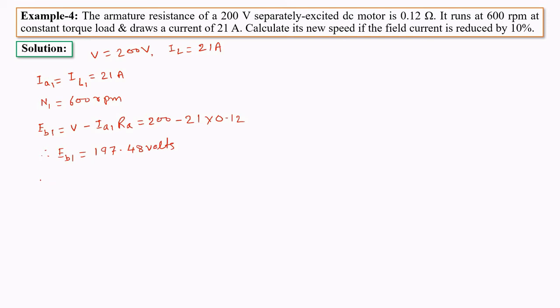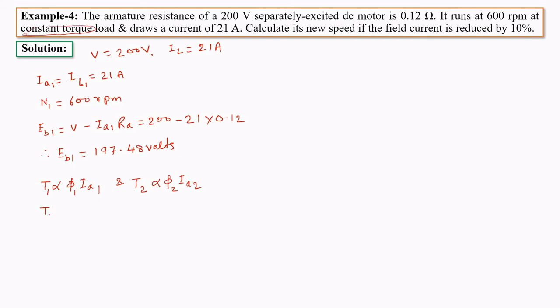Now we know that the torque is proportional to flux into armature current. Therefore, torque in the first condition can be written as T1 proportional to phi1 into IA1, and similarly torque in the second case will be proportional to phi2 into IA2. Now in this question it is given that the torque will remain constant.